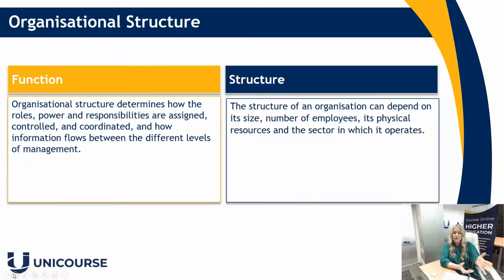So thinking about that as the function, there can be many different types of organisational structure depending on the organisation size or the function of that organisation or the industry in which it works.